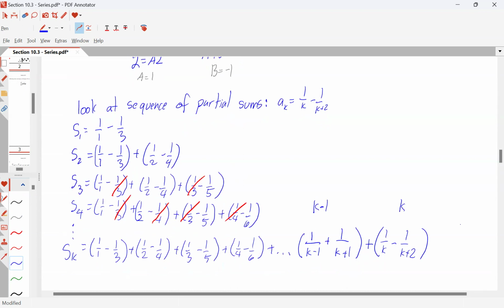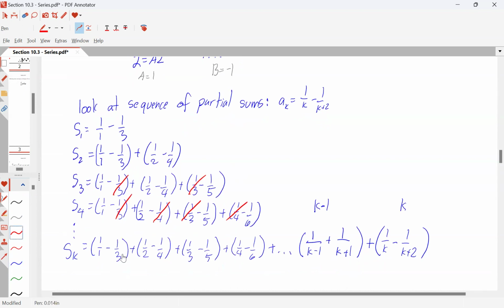And looking at the pattern from before, we know the 1/3 cancel, we know the 1/4 cancel. And the pattern would be that 1/5 would cancel with something in here, 1/6 would cancel with something in here. But then we'd start canceling the early terms. This 1 over k minus 1 would cancel with something in that dot, dot, dot.